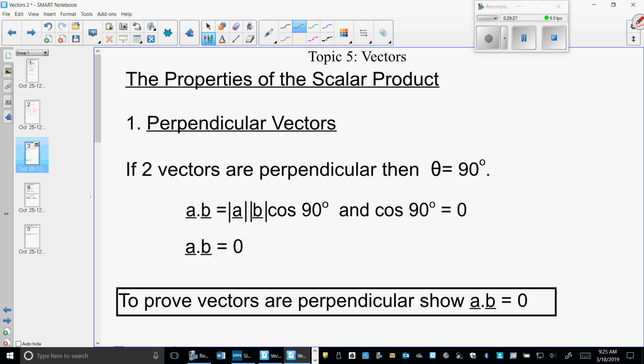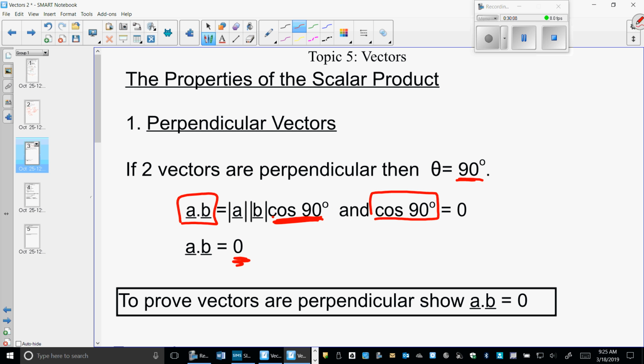Okay, a couple of things. If two vectors are perpendicular, we know that the angle would be 90 degrees, yes? Now, because our dot product rule involves cosine, and the cos of 90 we know is actually 0, it means that if our vectors are perpendicular, the dot product would actually equal 0.